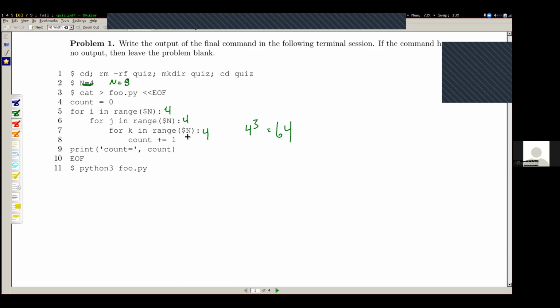In this case, if I have 3 for loops all nested, one inside of the other, then my general formula is going to be n cubed is what count is going to be equal to down here. And so if I plug in 4 for n, I would get the 64. If I were to plug in 8, then I would get 512, I believe.